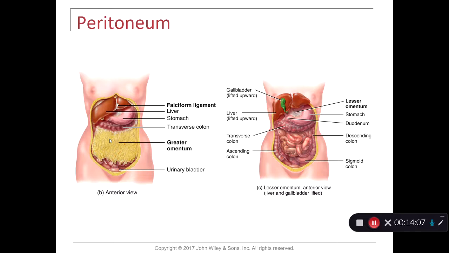But if we're in the modern world now, we don't really want that greater omentum there. That could cause some serious damage and make things a lot more difficult to be able to repair things. So that greater omentum has that threefold role. Really neat stuff.